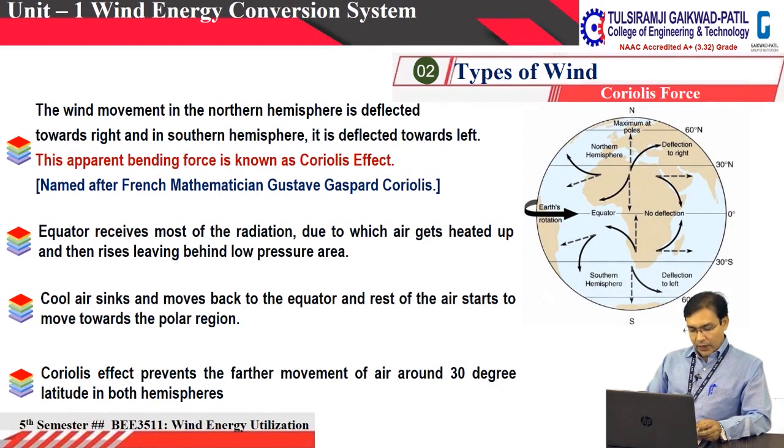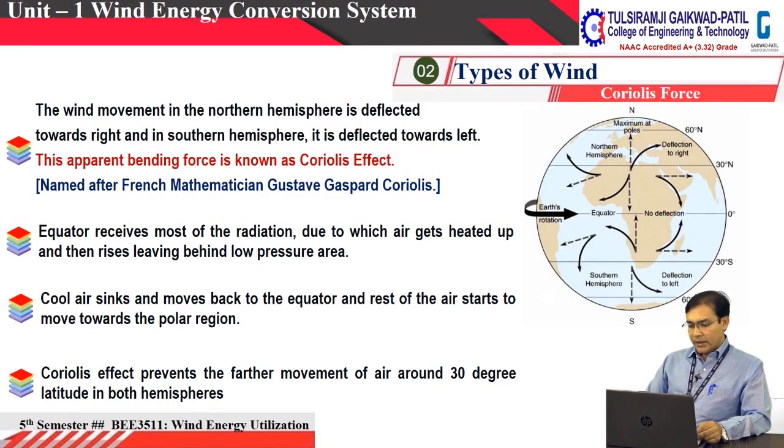What we can understand from this picture is that the equator receives the most direct rays of sun, and here the air gets heated up and then rises, leaving behind low pressure areas. The cool air then sinks and moves back to the equator and the rest of the air flows towards the poles.